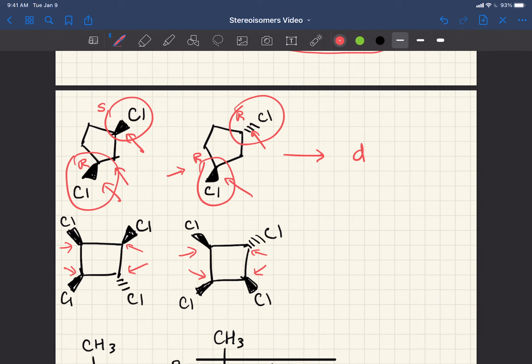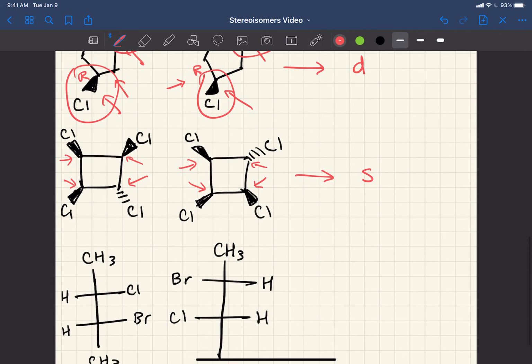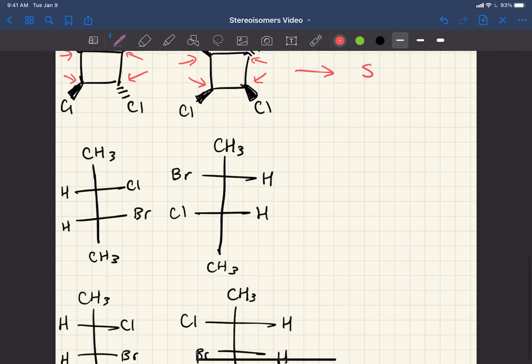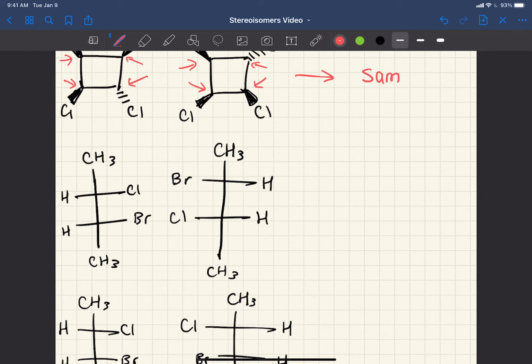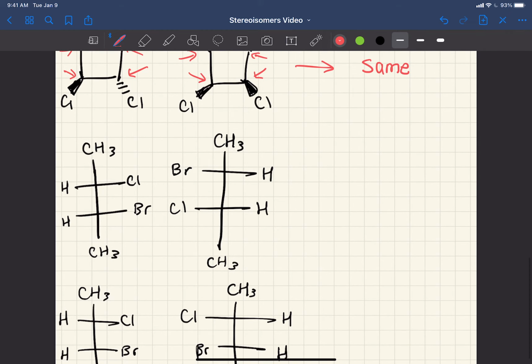And you'll notice very quickly that if you just turn this 90 degrees, you will get this exact molecule. And so it actually turns out that these are the same. Okay, let's go on.